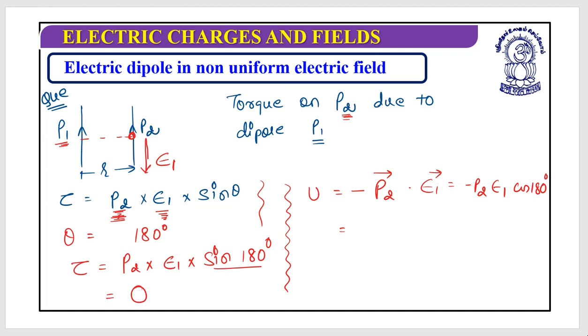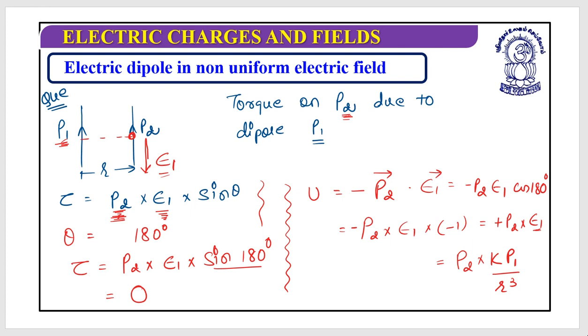Here minus is already there and cos 180 comes to minus 1. So this is equal to plus P2 multiplied by E1. Now what is the electric field due to this dipole? It is at the equatorial position. So at equatorial position the magnitude of E1 would be kP by R cube. Here it is P1 divided by R cube. So this is kP1P2 by R cube.